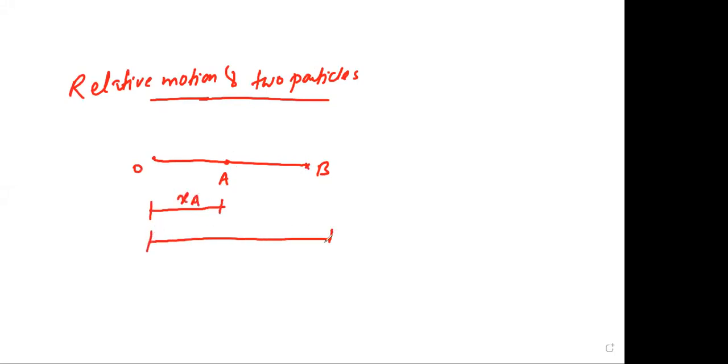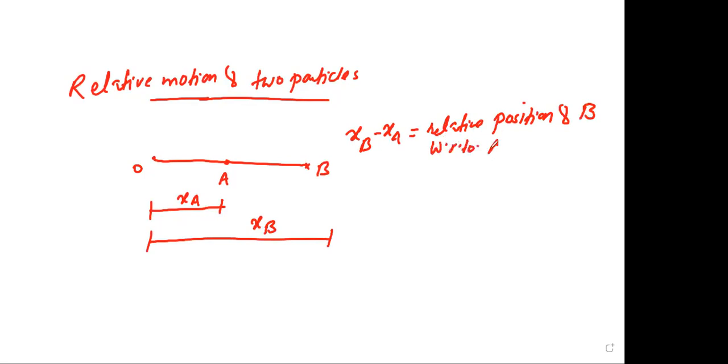Similarly, the position vector of the particle B is XB. So XB minus XA can be written as relative position of B with respect to A. Right? XB minus XA is the relative position of B with respect to A, and this can be represented as XBA.